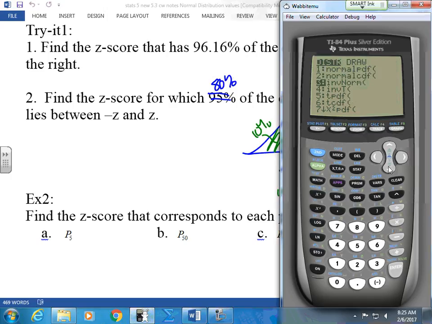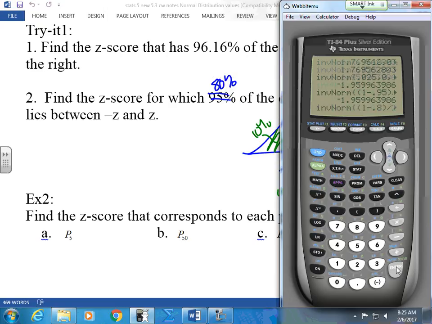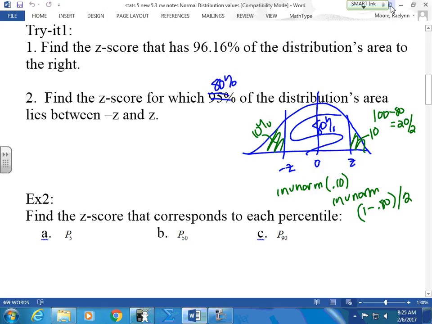So I'm coming down here. I'm going to say 1 minus 0.80, divide that by 2, and paste. And this is my negative z-score. This is my positive z-score. So between these two z-scores lies 80% of your data.